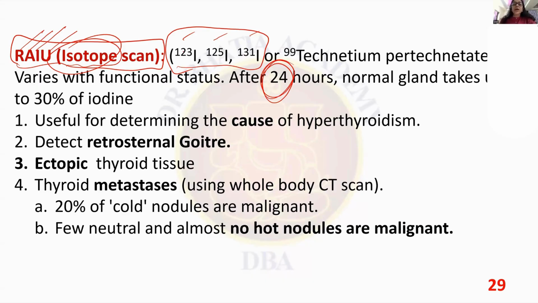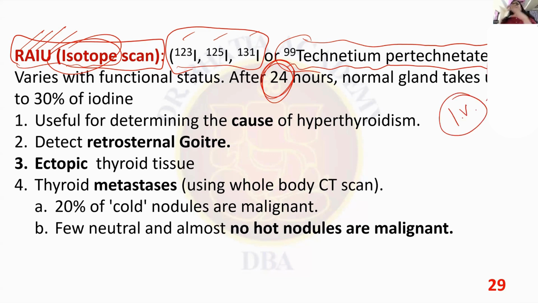Clinically, we are using an isotope that is 99m technetium pertechnetate. This is a radioactive isotope which is given to the patient injected IV, and there are gamma cameras, and those gamma cameras are used to take the pictures of the thyroid gland, and it gives the result within 2 hours.